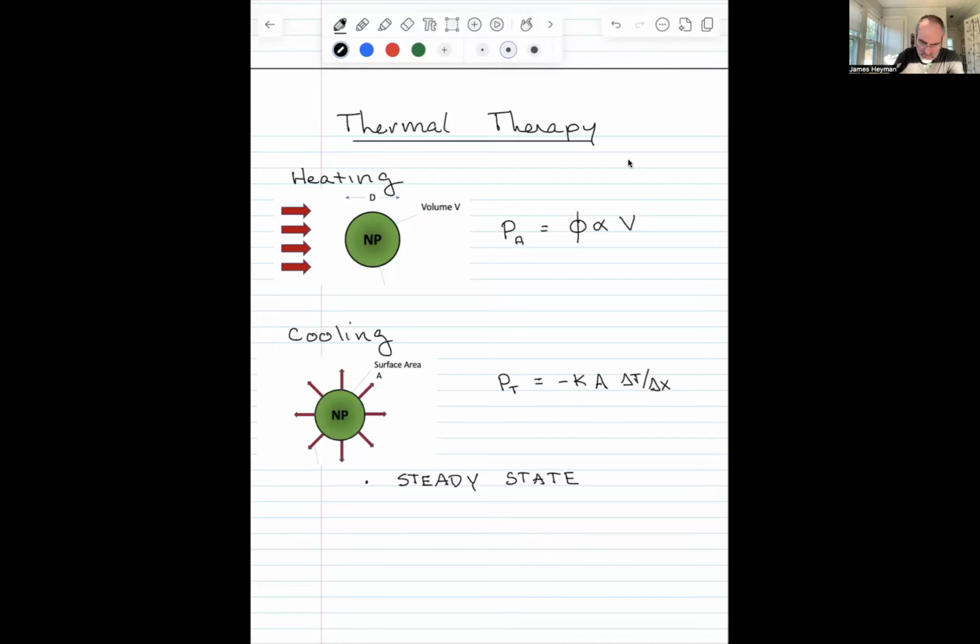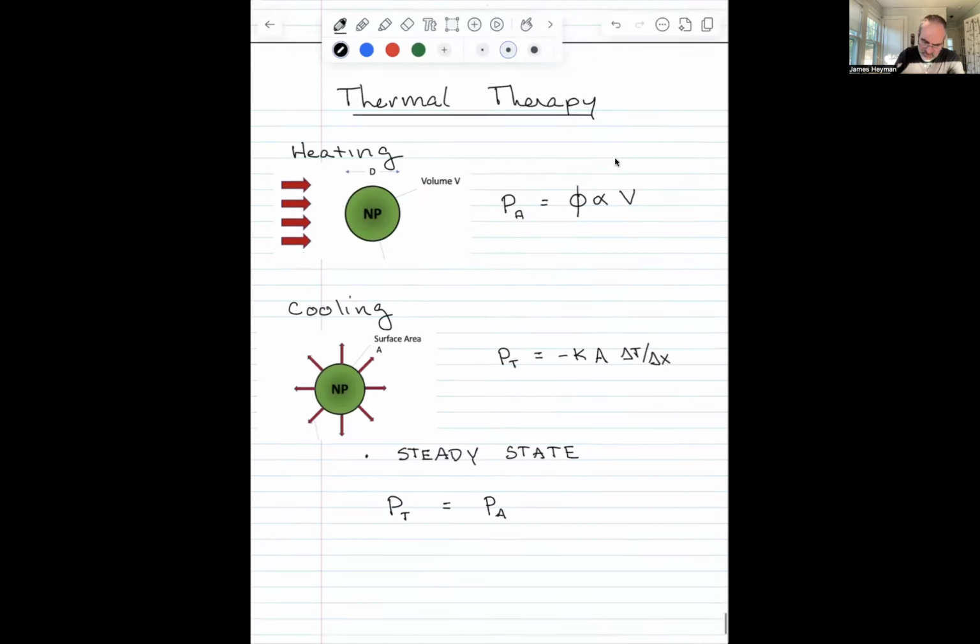The first thing we're going to do is assume that we're in steady state. That is, we've turned on the heating power and heat has started to flow in. And after a while, we reach a steady state where power is constantly being absorbed by the nanoparticles and it's constantly leaking out to heat up the surrounding tissue. In steady state, the power transferred out of the nanoparticles is equal to the power transferred into the nanoparticles.